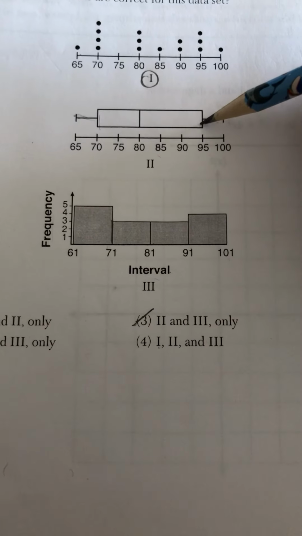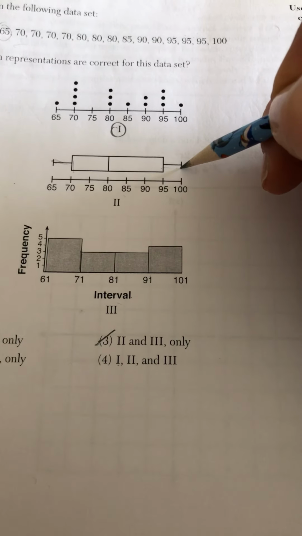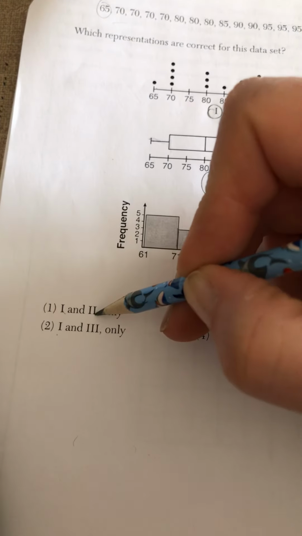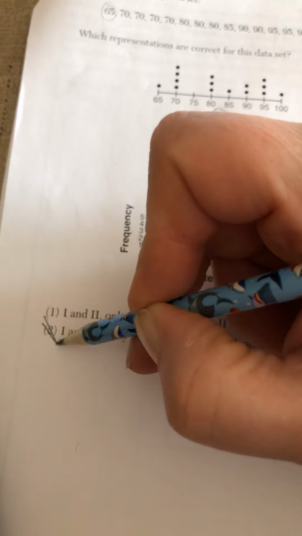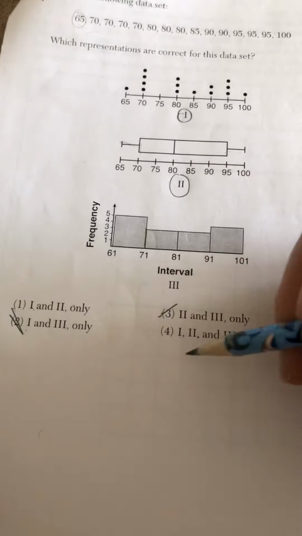Over here, 95, 95. And way over here, 100, 100. This is correct. Yes, no, possibly. Okay, so I'm down to a 50-50 shot if I have to guess.